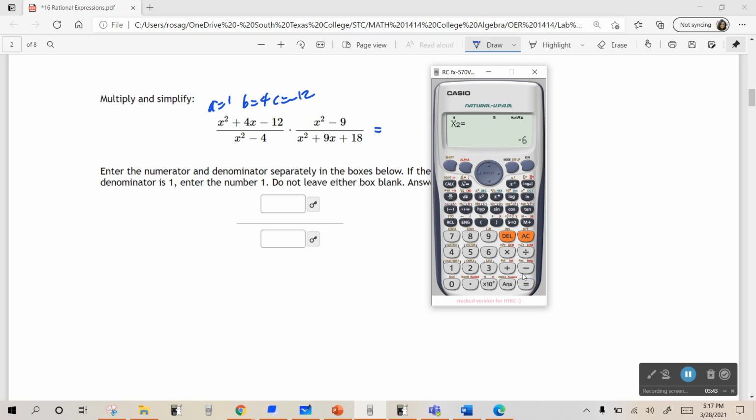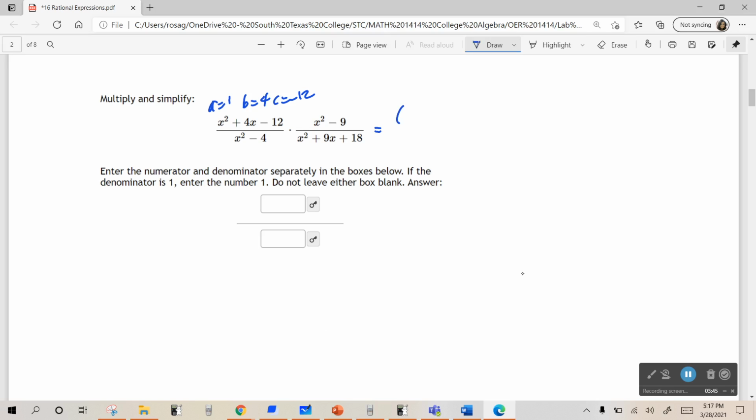You get 2 and -6. So the 2 would be -2, and then -6 would be plus 6. That's another way to do it.